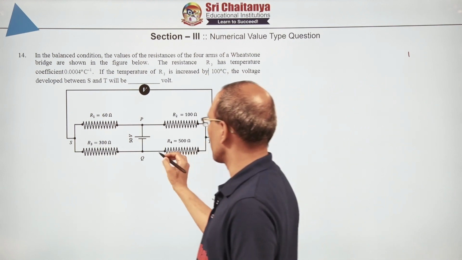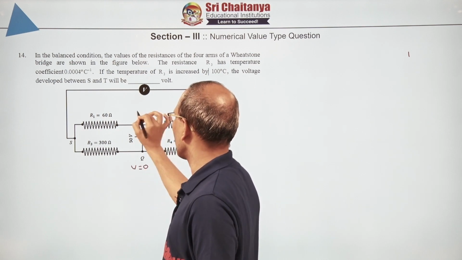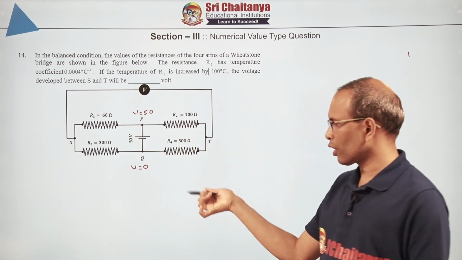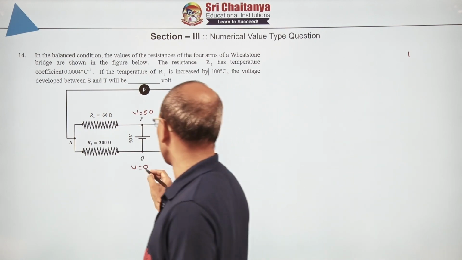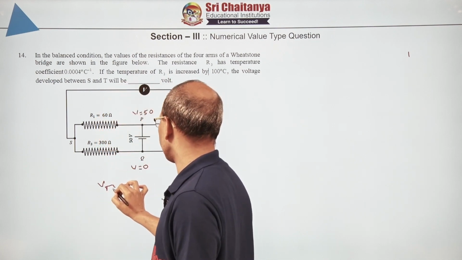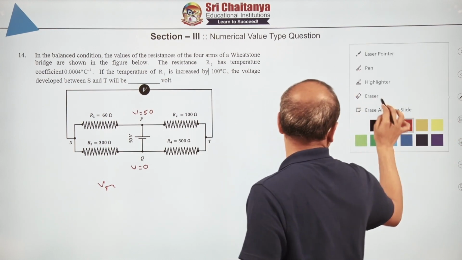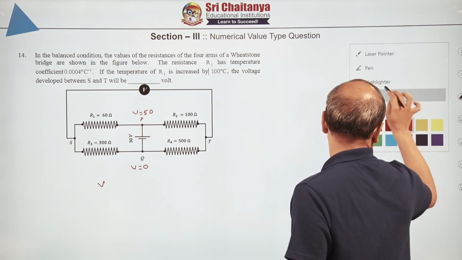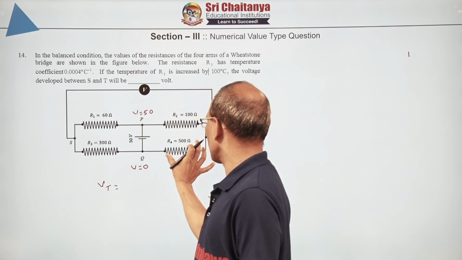So let us take simple values. Let the value of V be 0 here, and the value of V will be 50 here. Now on this side there are no changes, so we can directly calculate the potential at T. What will the potential at T be? I into R. So the potential at T will be I into this resistance.